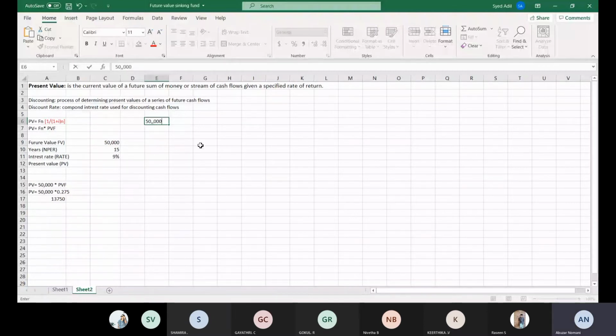Then what we have to do? We have to divide it by 1 plus, what is the interest rate here? The interest rate is 9%.